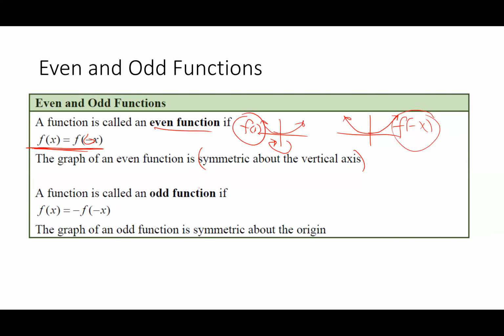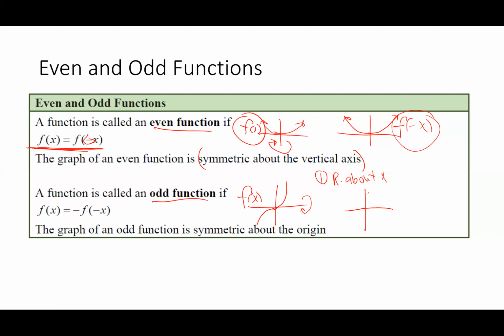Now, when is something an odd function? So this one's tricky. A good example of an odd function is this guy. So this is f of x. Here's what we'll do. First, we'll reflect it about the x-axis. All right, so first we reflect this thing about the x-axis.